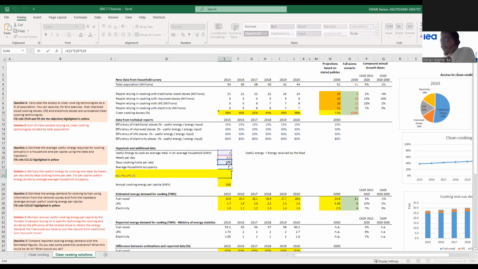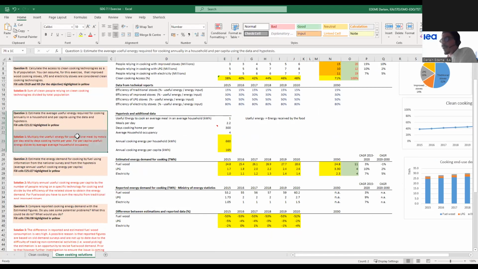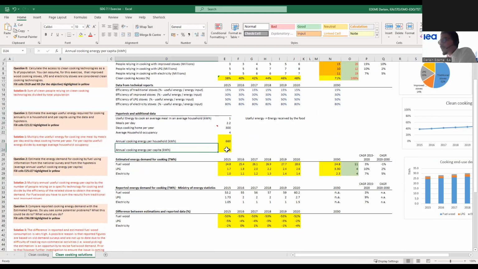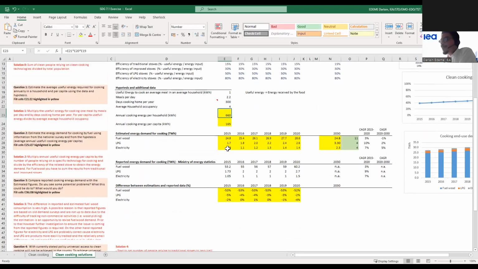So in this case, 300. So you calculate 660 kilowatt hours per year, but then the exercise also asks you to provide this number on a per capita basis. So you just have to divide this value by 4, which was the average household occupancy.